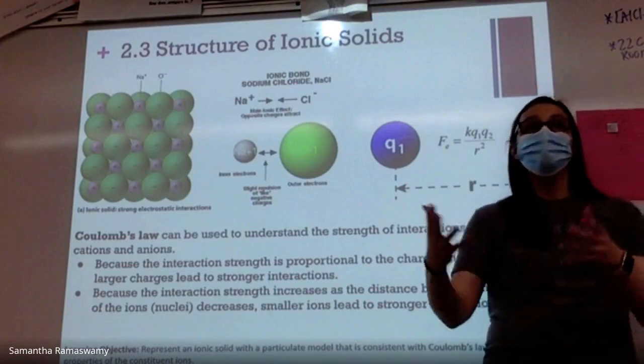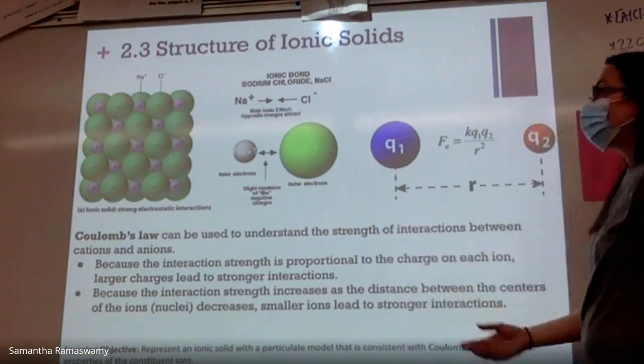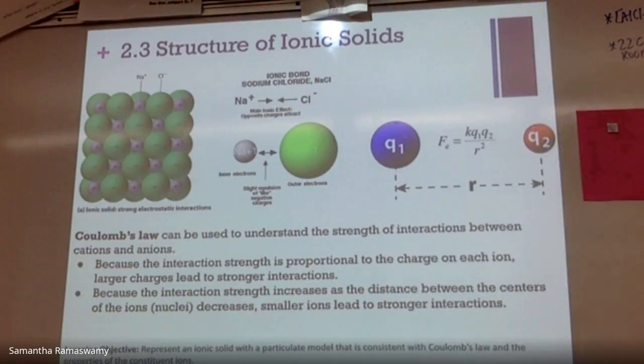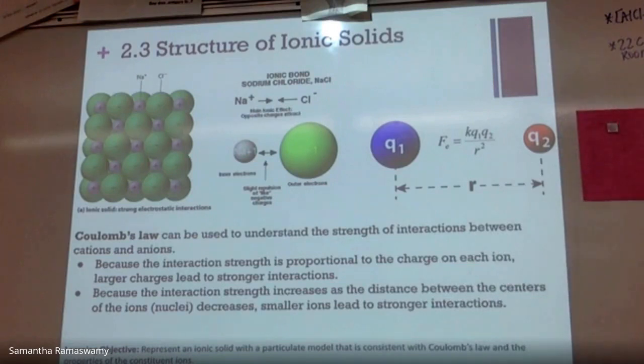The higher the charges, the stronger the attractive force between the cations and the anions. But with structure of ionic solids, please just remember that cations are smaller than anions, and plus and minus attract.